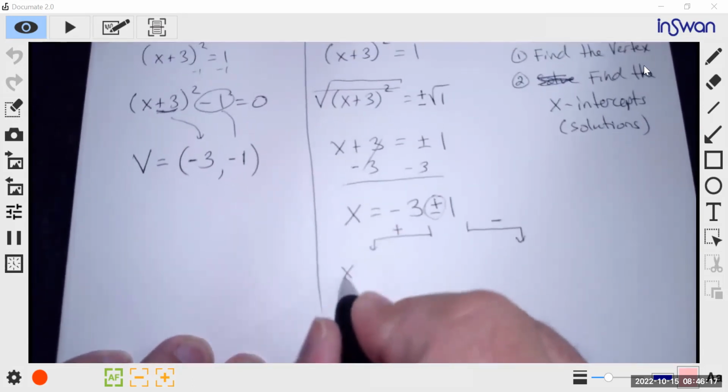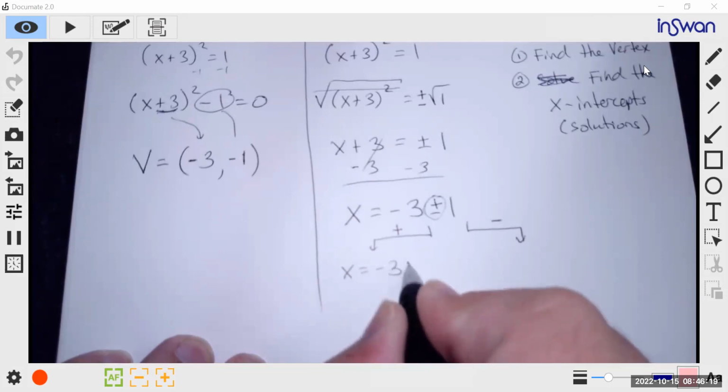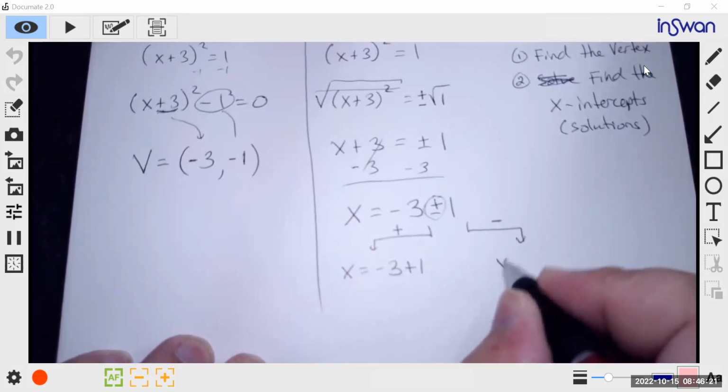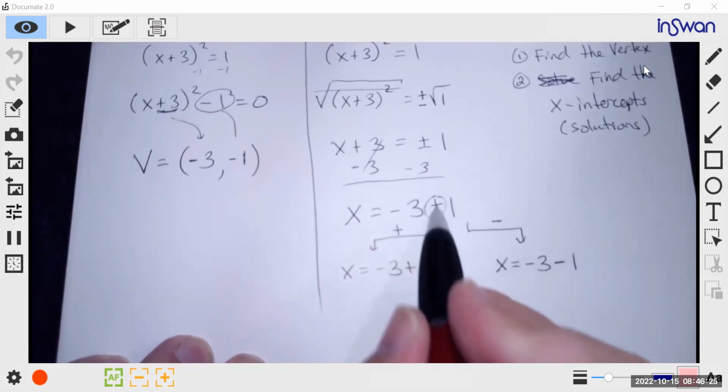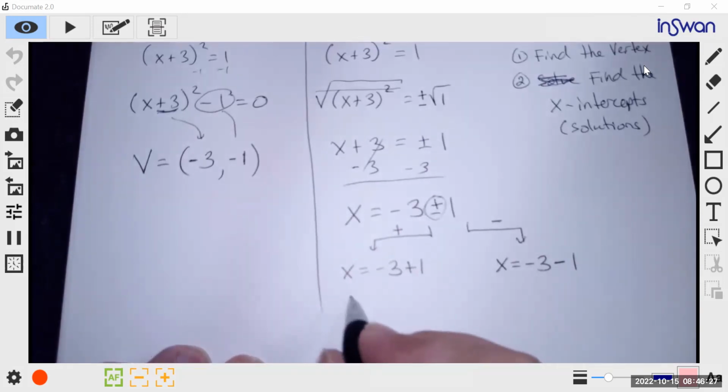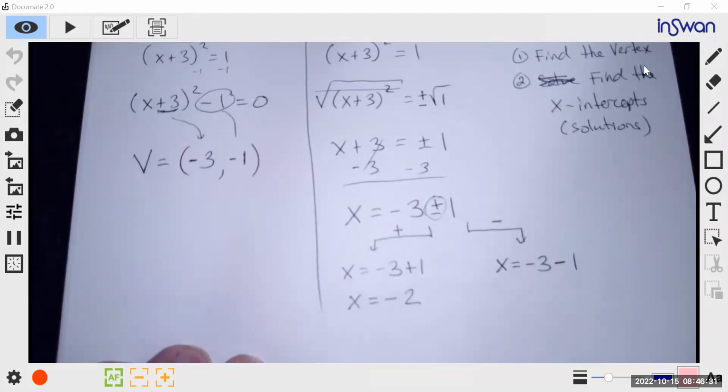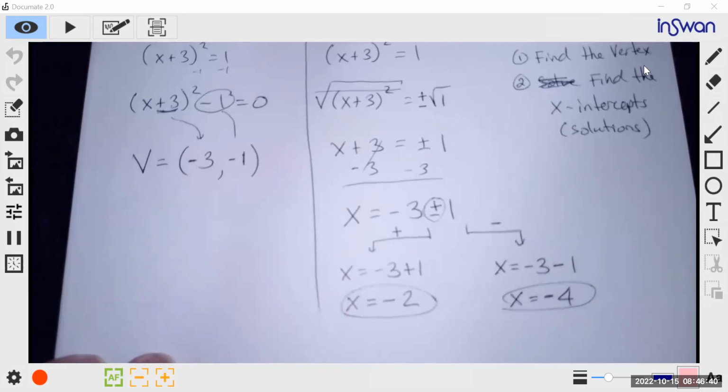So we have x equals -3 plus 1 and x equals -3 minus 1. -3 plus 1 is -2. -3 minus 1 is -4. Since they're both negative, add them. These are my x-intercepts, -2 and -4.